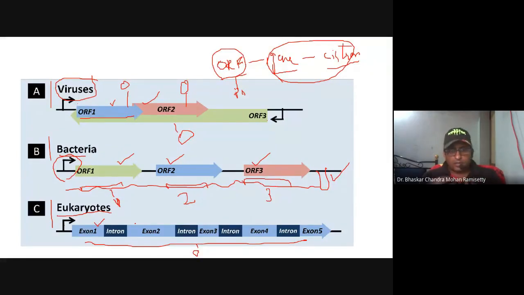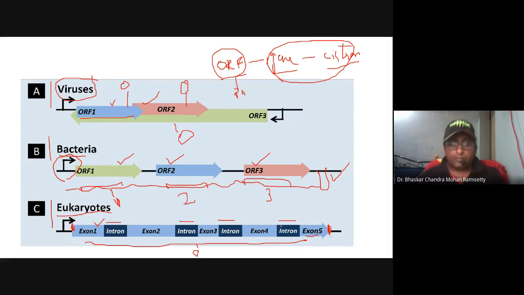It is a non-coding region within the coding region. Exon 1 starts with the start codon, and the last exon, exon 5, would have the stop codon. In between, we have several regions like these, which are referred to as intervening sequences, and they are introns.